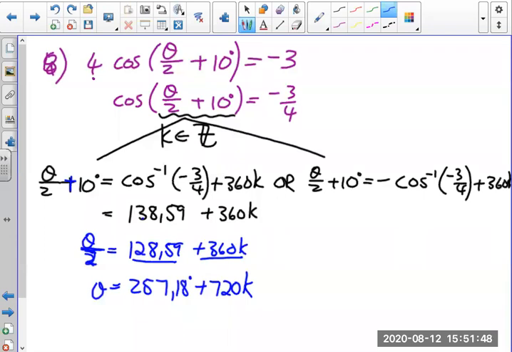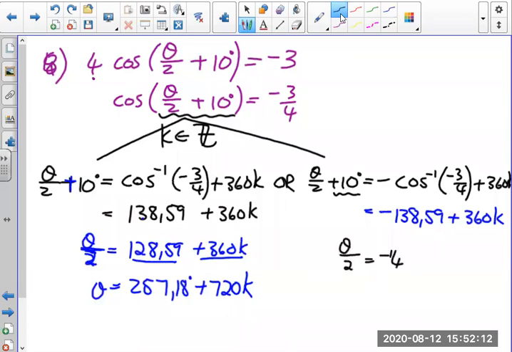And now I'm going to do the same at the right-hand side. Now I have minus shift cos minus 3/4, which will give me minus 138,59 plus 360k. To get rid of that plus 10, I must minus the 10 again.